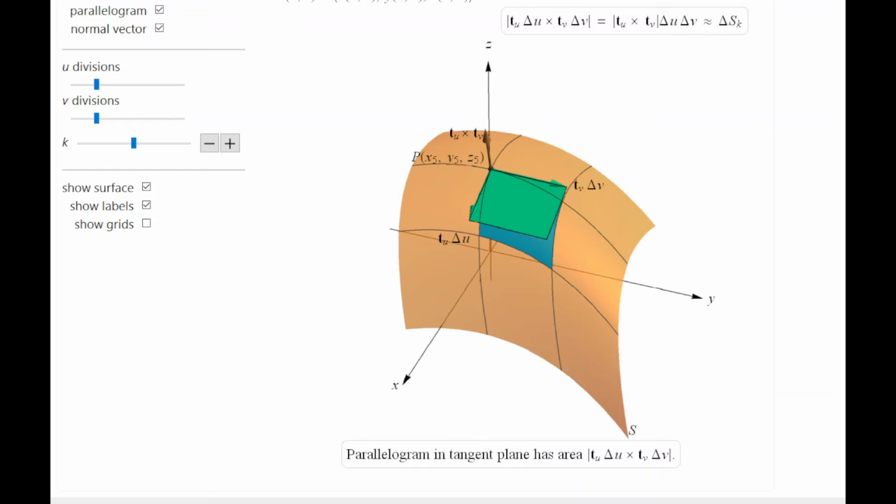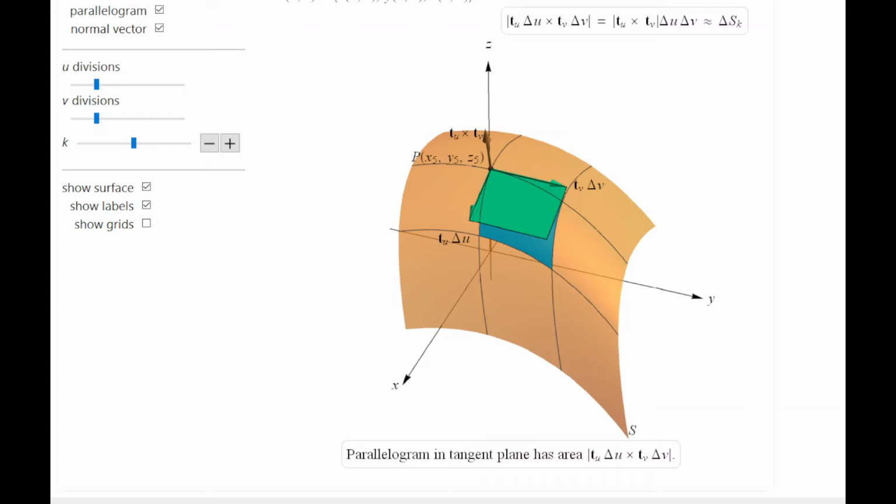It's going to give you the length, actually, of the change in position that you've traveled if you hold v fixed and vary u, and likewise for Tv delta v. So you'll get vectors that actually give you the lengths of that green patch over there.